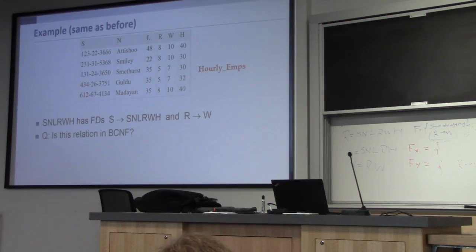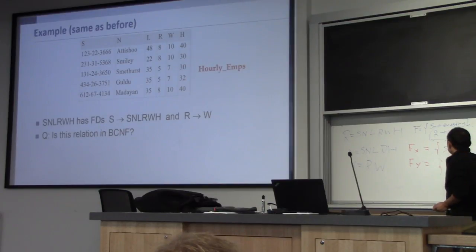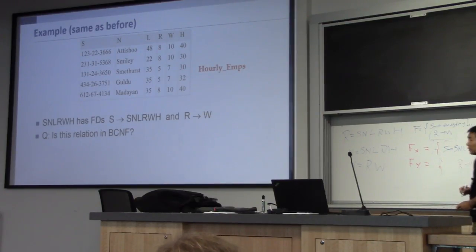The ones with respect to X. Somebody said none. No, meaning no dependency here, which is wrong. You do have a dependency here, which is S determines SNLRH. S is a key that determines everything, so S still determines everything. Does that make sense?